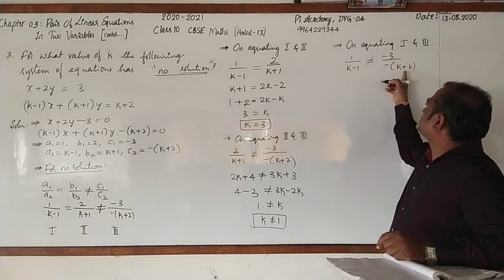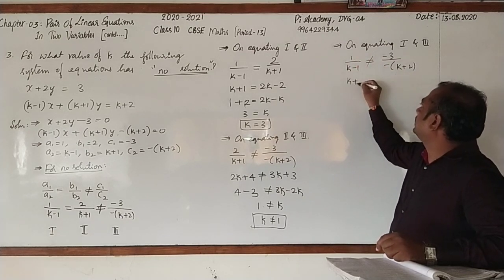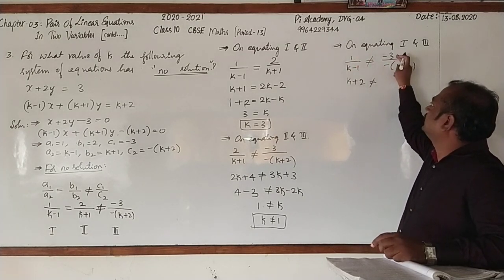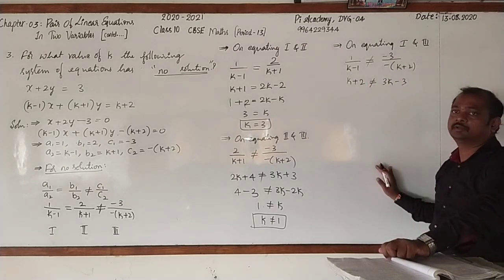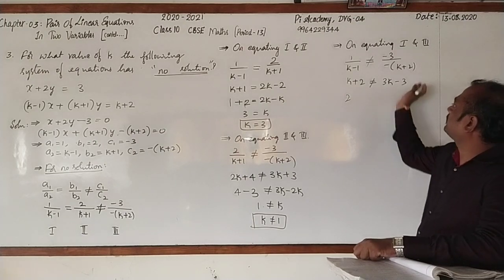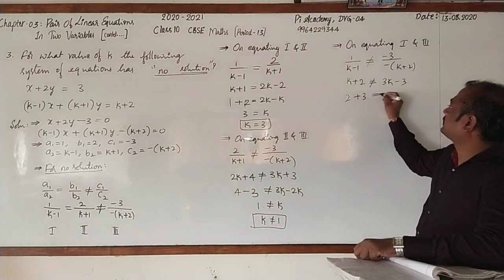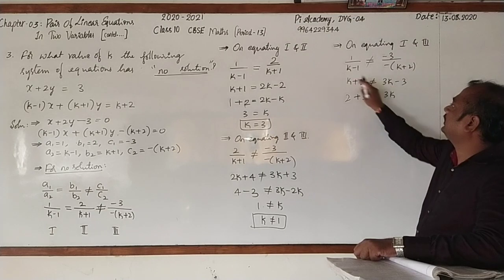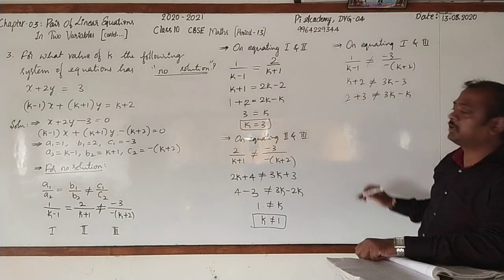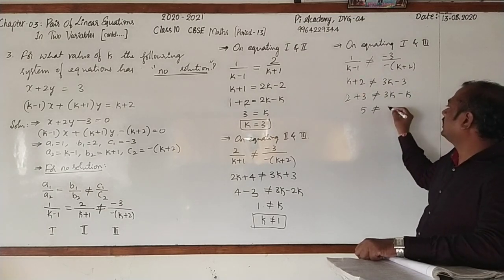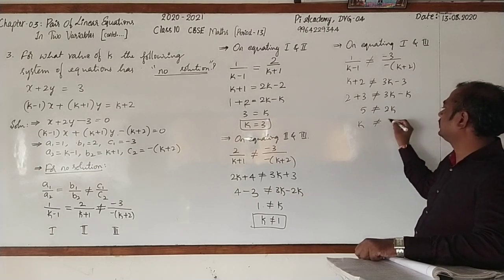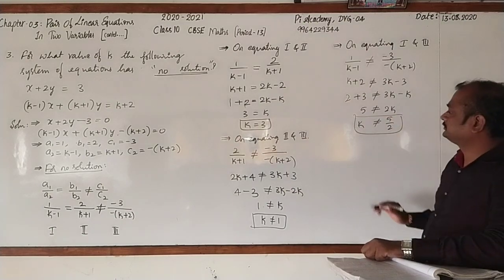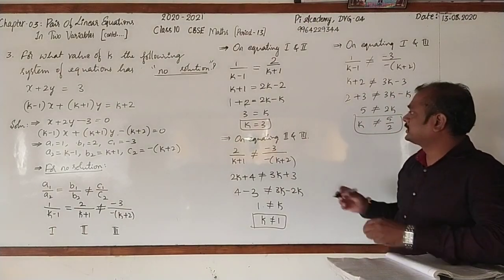Go for cross multiplication. k plus 2 into 1, it is k plus 2 is not equal to 3 into k minus 1, it is 3k minus 3. Then transfer minus 3 to the left hand side becomes plus 3 is not equal to 3k. Transfer k to the right hand side minus k. It is 5 is not equal to 2k. Then k is not equal to 5 by 2. Followed? Yes.